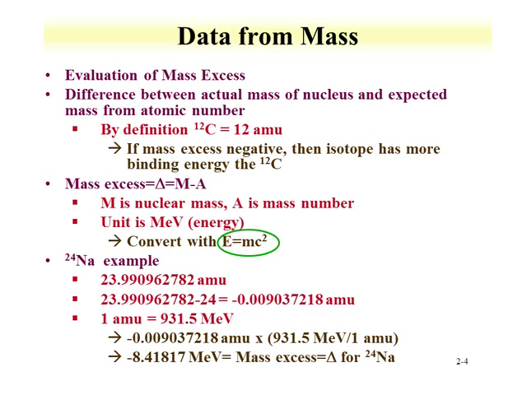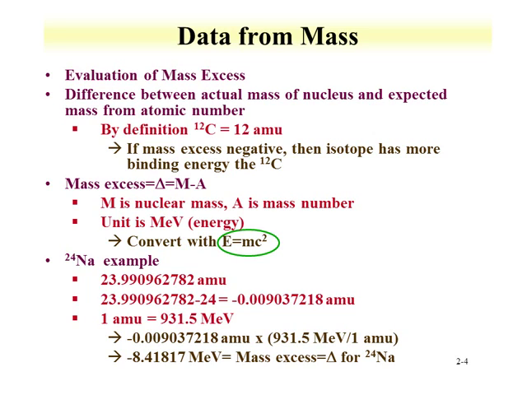Well, we do a relativistic calculation. We exploit E equals mc squared. So energy and mass are related through this equation. So here's an example of what we can evaluate with mass excess. The mass of sodium-24 is 23.990962, etc. atomic mass units.